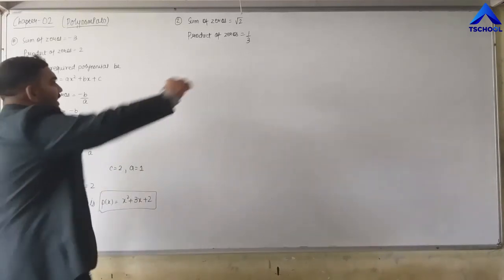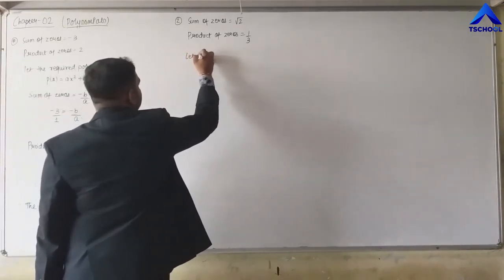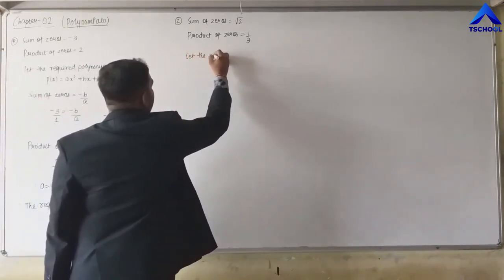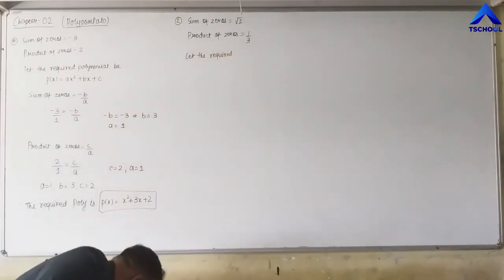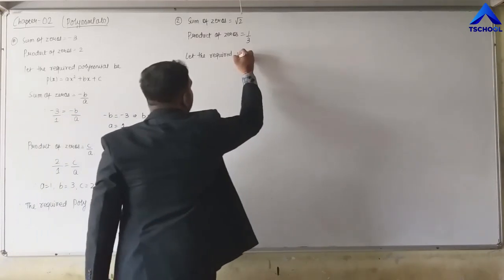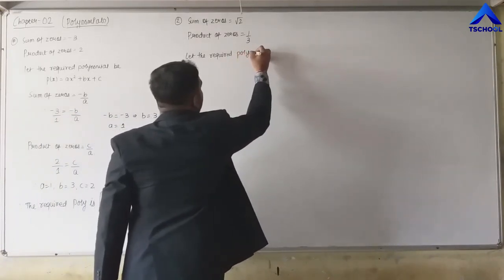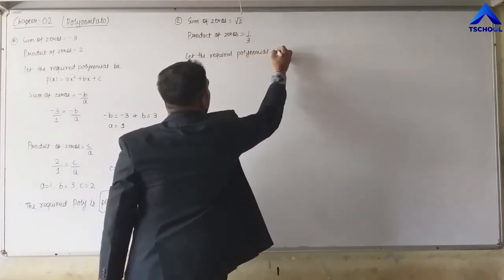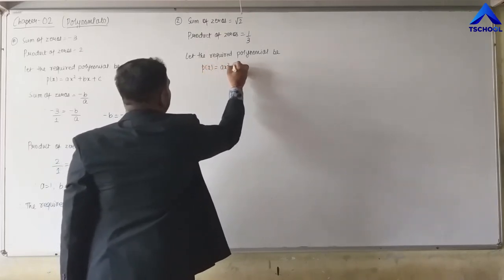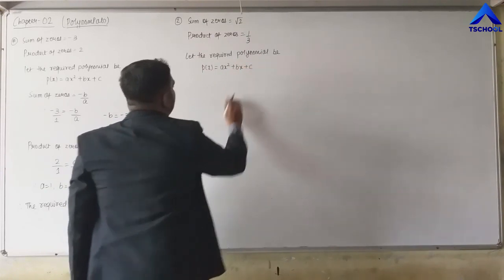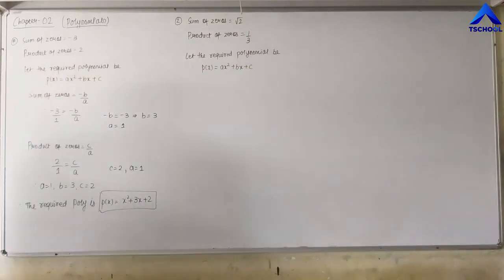We shall let the required polynomial be ax square plus bx plus c.